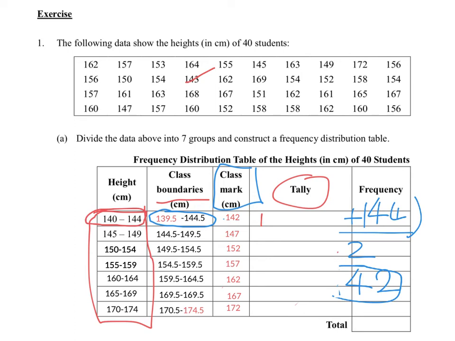For the second group, that's 145 to 149. You can see 147, the first one. The second one, 145 here. The third one, 149. There are 3 data belonging to this group.